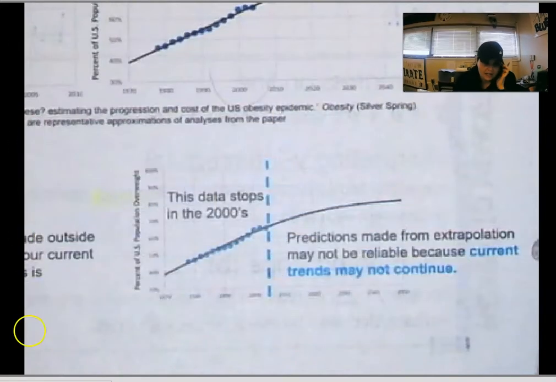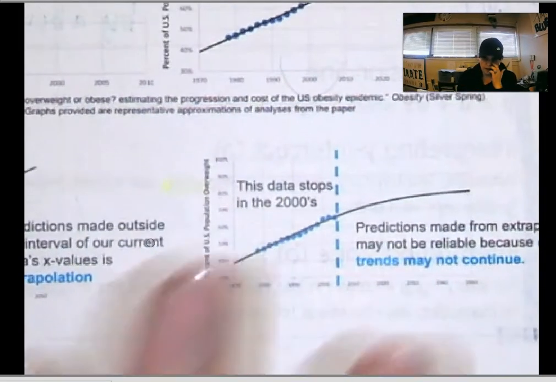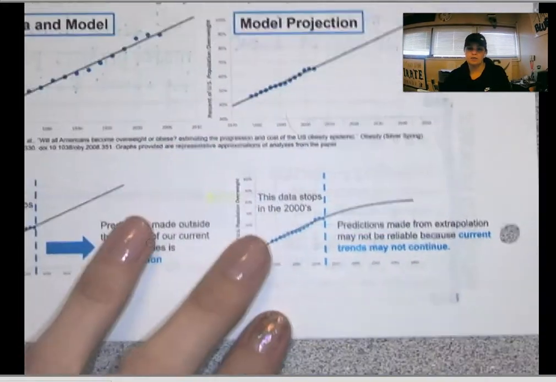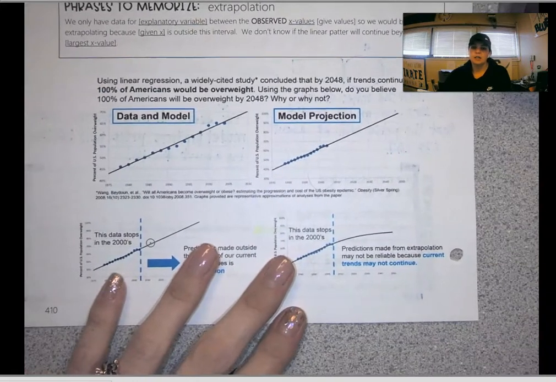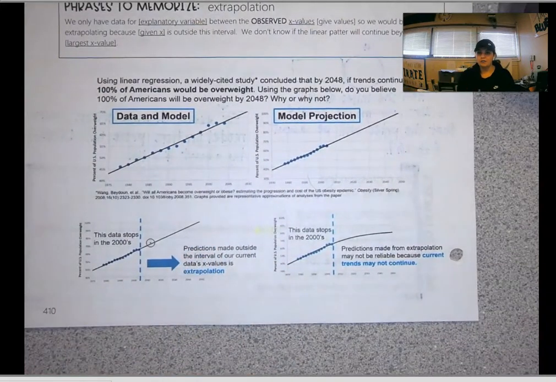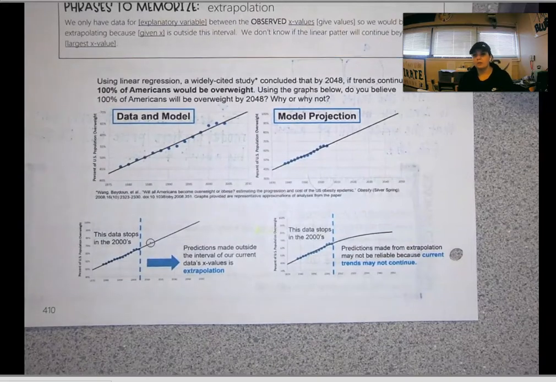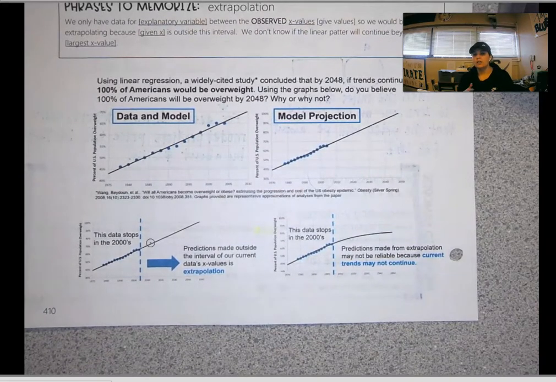So the biggest takeaway from these pictures down at the bottom of our note sheet is that we really only have reliable predictions for the x values we observed. We really only have data here for 1978 to 2004, so only predictions within that window are going to be reliable.